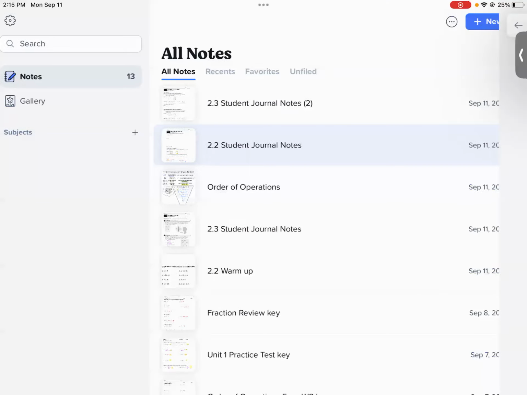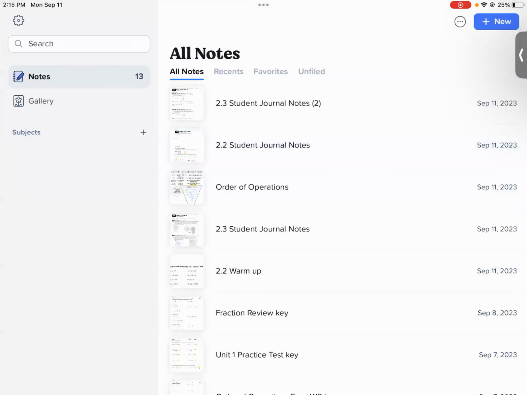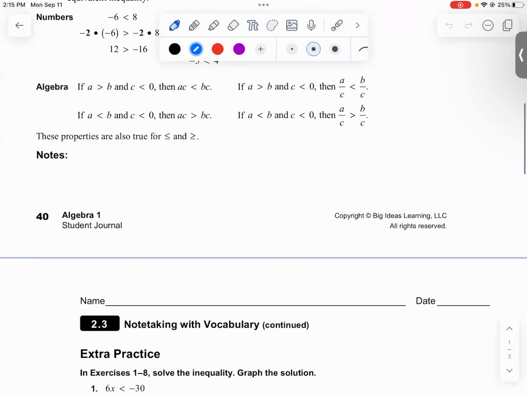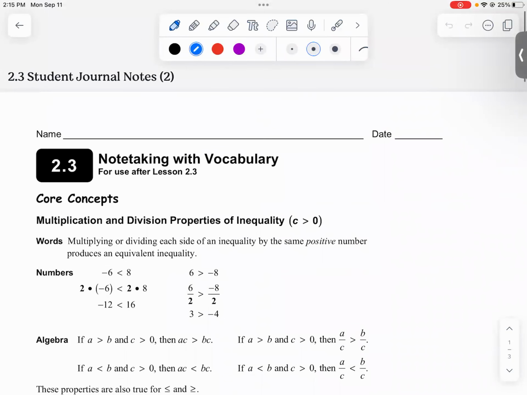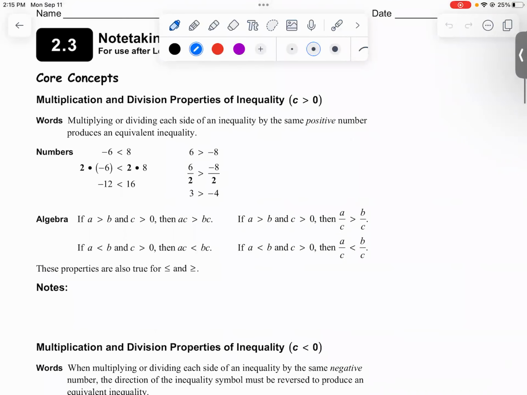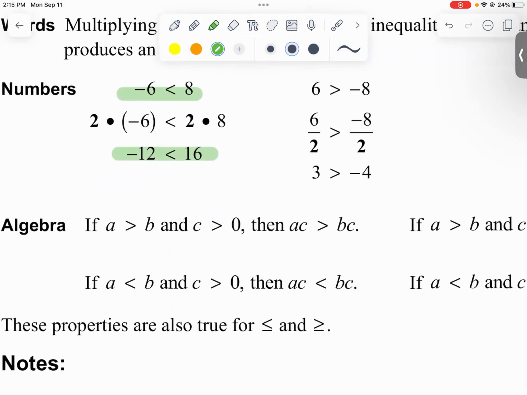So you'll notice that you have homework from 2 different pages. Okay, so we're also going to work on this here. If we have an inequality and we multiply by the same number, guess what? Our inequality stays the same.